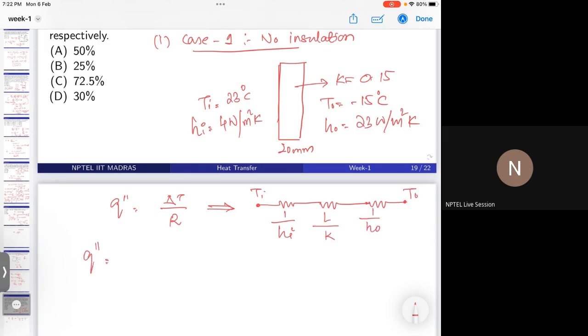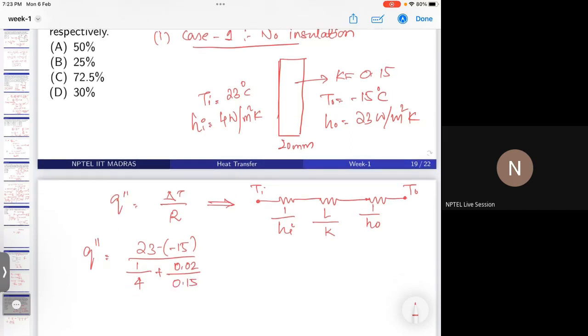So the heat flux Q is delta T, that is 23 minus of minus 15, divided by 1 by Hi, 4, plus L, 0.02, by K, thermal conductivity 0.15, plus 1 by Ho, 23.